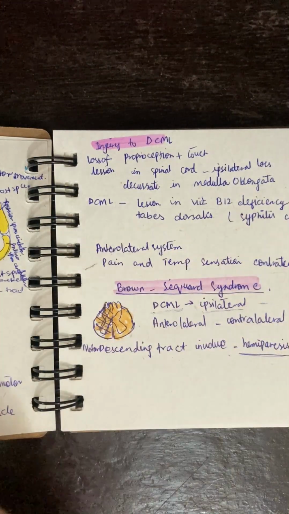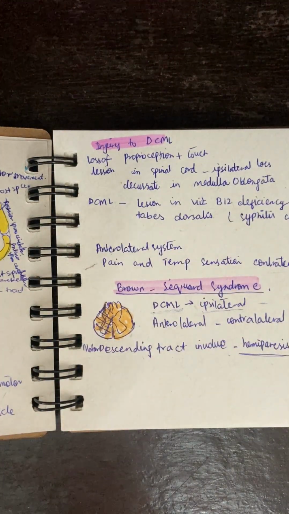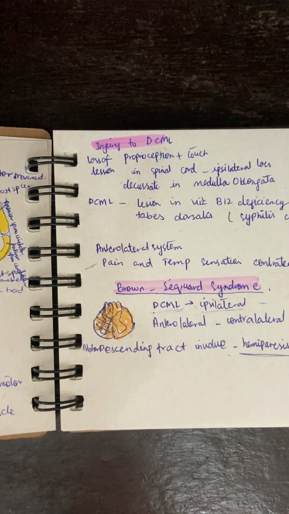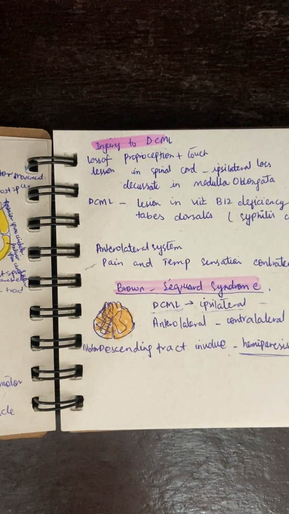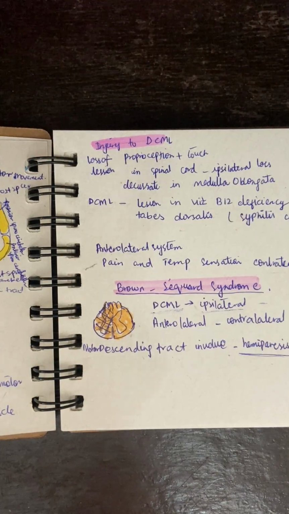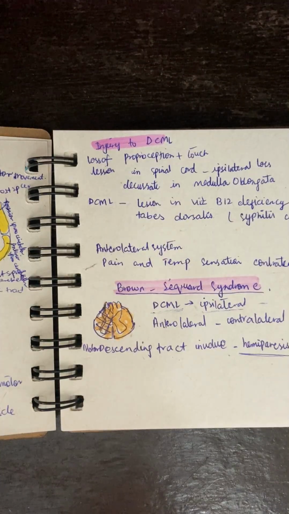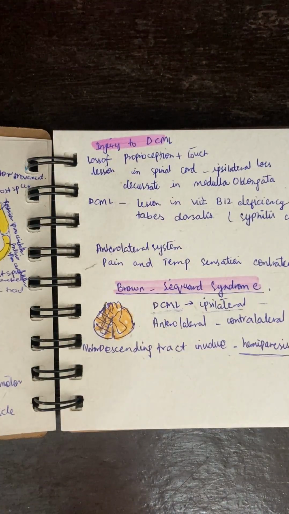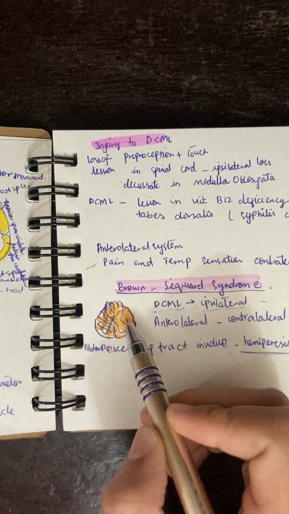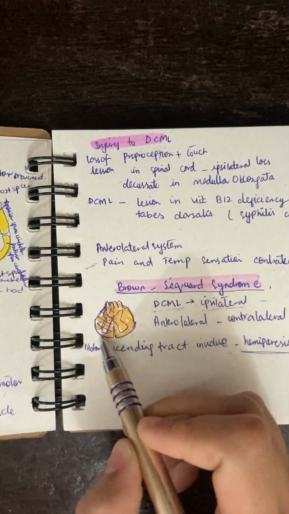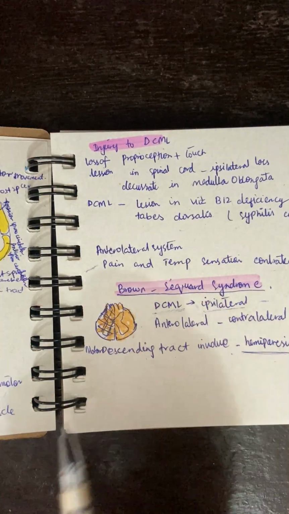Now there is another pathway we have discussed, that is the anterolateral system, which carries the information for pain and temperature. If there is a lesion at the level of spinal cord, then the sensations are lost on the contralateral side. Then there is a syndrome called Brown-Sequard syndrome that could be due to injury or any trauma. In this, half of the spinal cord is involved and sensations are lost.